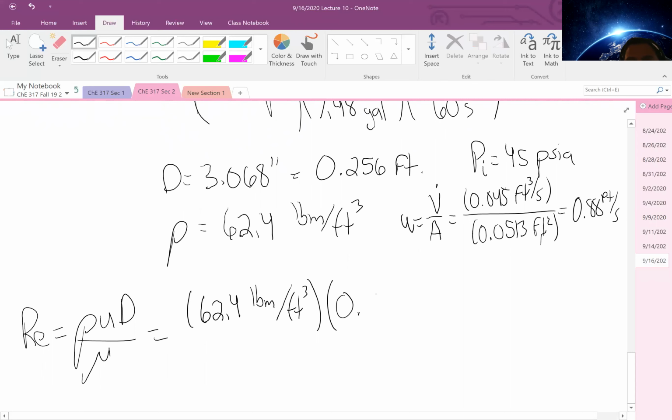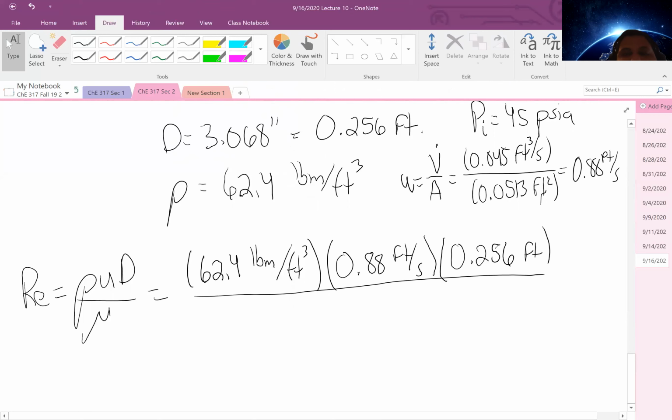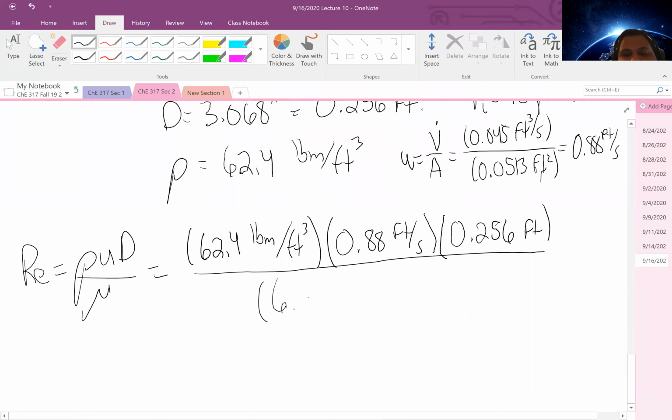So we have 0.88 feet per second, our diameter, which we had 0.256 feet, over our viscosity, which the viscosity of water is 1 centipoise, which in English units is approximately 6.72 times 10 to the minus 4 pound mass per foot second.